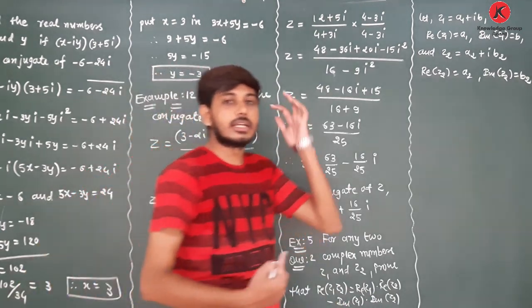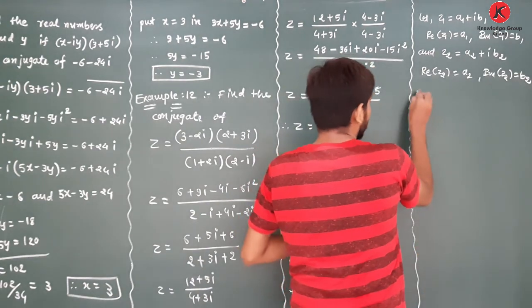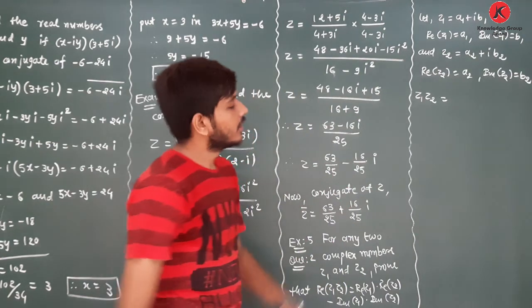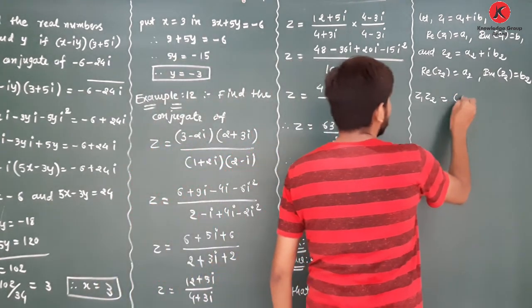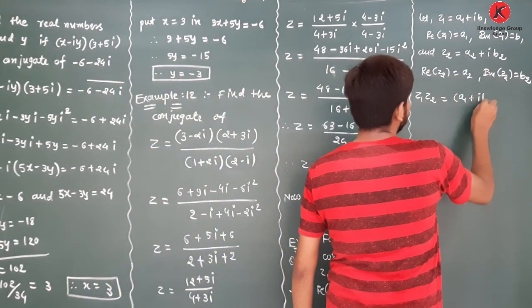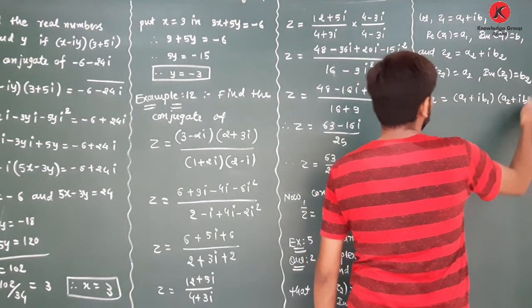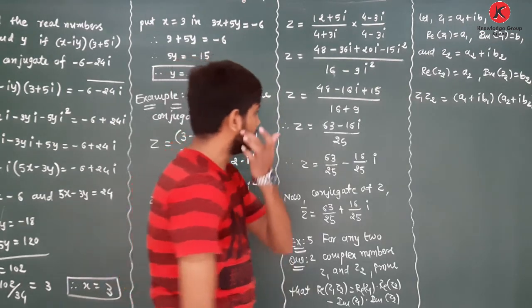For obtaining the real part of z1 z2, first of all we have to obtain z1 into z2. Value of z1 is a1 plus ib1, z2 is a2 plus ib2. Simplify this multiplication.